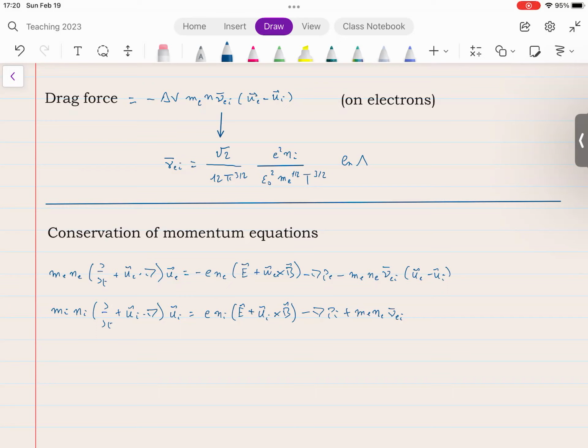So I could define a new nu_ei and get the n_i out of that expression and put an n_e inside, but that's going to give me the same result. And same for the mass of the electrons, mass of the ions. I switched them around. Okay.